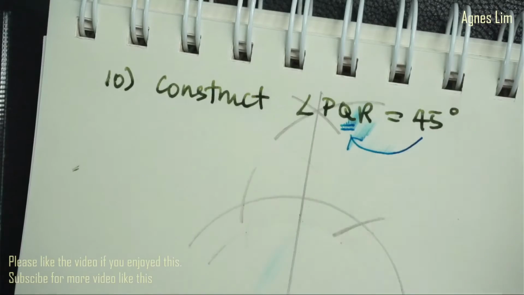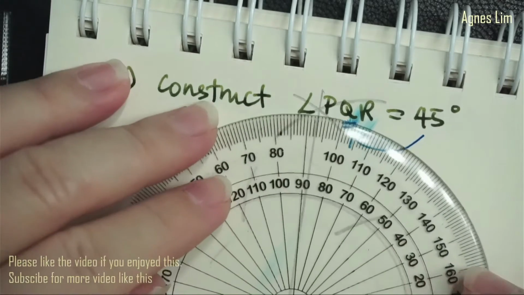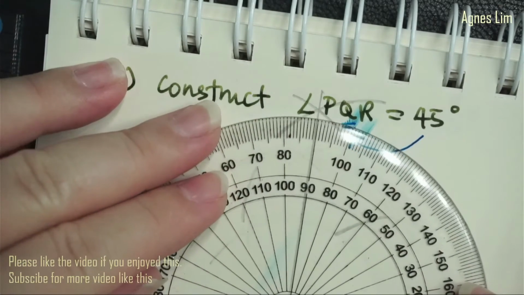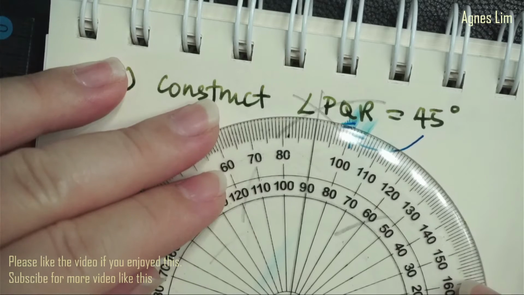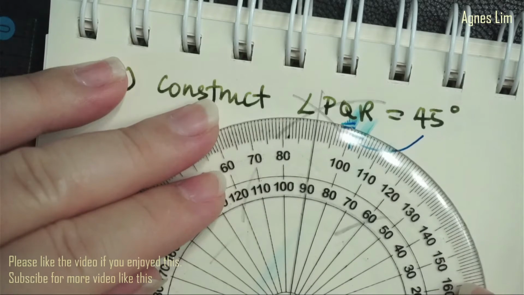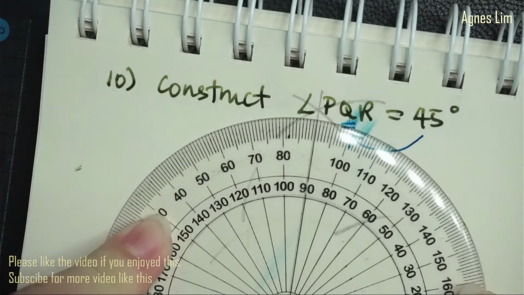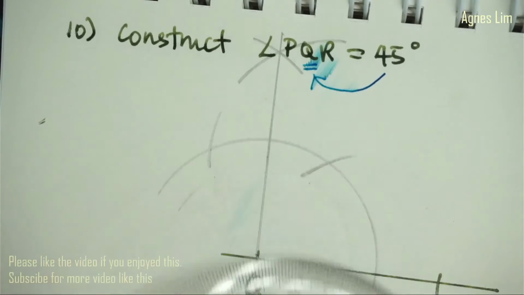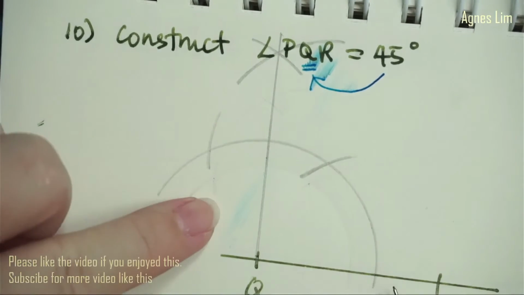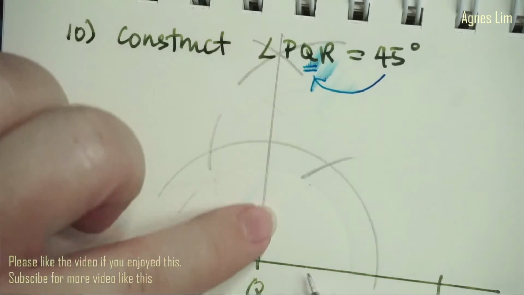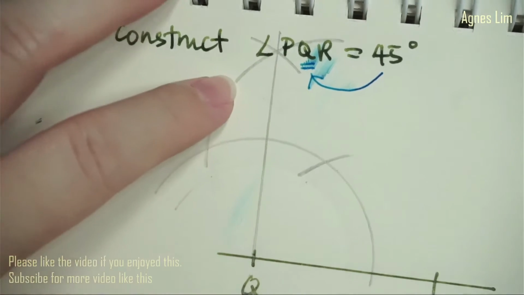Just very faint. Before I continue, I'm going to check, is it 90? Right, so it's 90. Now I'm going to use, because 90 is actually this area.